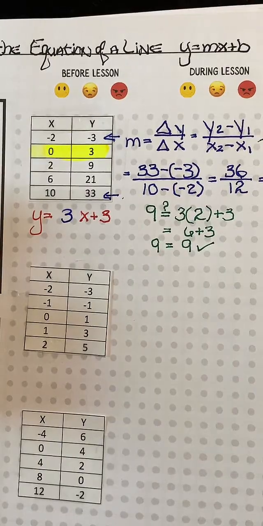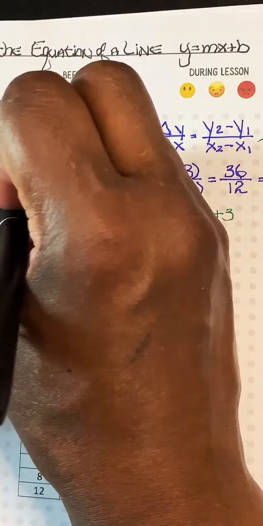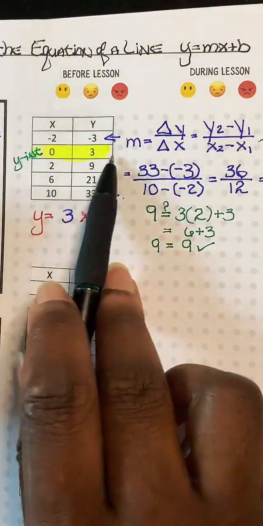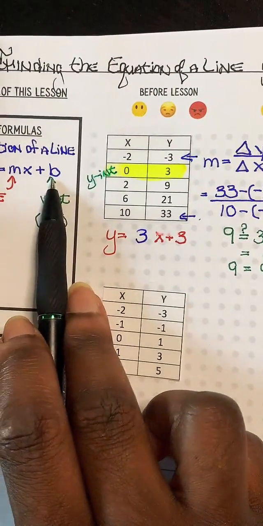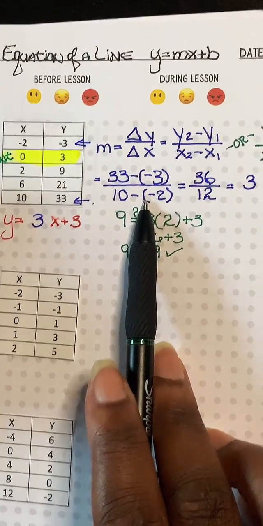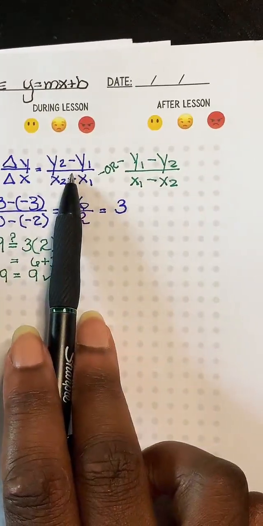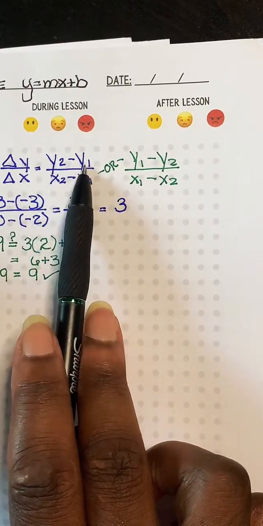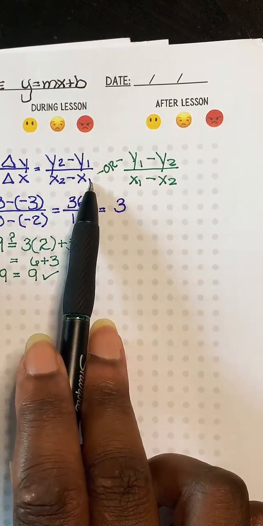Okay, so that's going to be your y-intercept. So that's your b. Then you can pick 2 sets of points. We can find the slope algebraically, which could be y sub 2 minus y sub 1 over x sub 2 minus x sub 1.